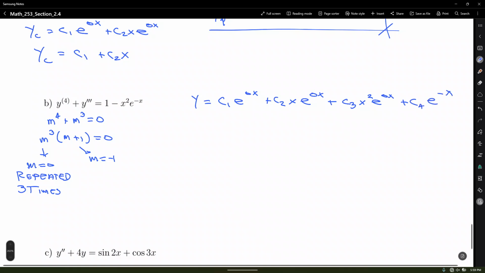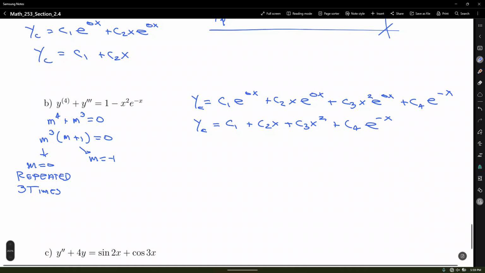Well, let's simplify the exponential. So y sub c, actually, this will be c1 plus c2x plus c3x squared plus c4 e to the negative x.